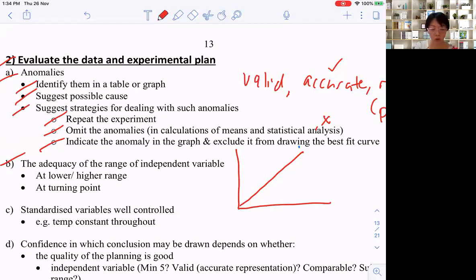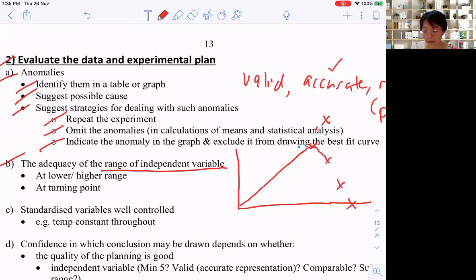Oh, okay. So the range of independent variable that I've used is not enough for me to find out where my optimum temperature is. I must go and conduct a second experiment where I will use a few more temperatures higher than 60 degrees Celsius, so that I can continue to obtain data. Then I suddenly realize, okay, I've got a reading here, here, here.